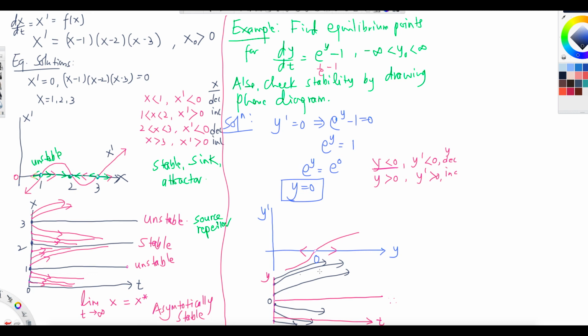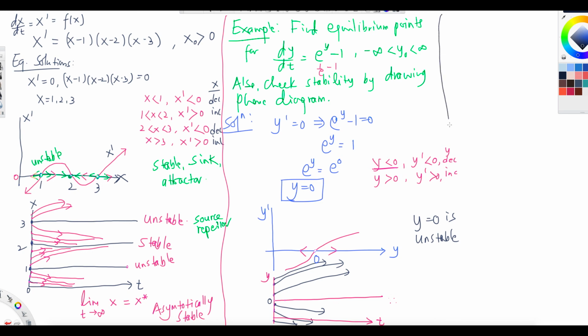So this is what the solution space looks like, or you can say this is what the family of solutions looks like. All right, guys. So what can we say about this? y equals to 0 is unstable. Okay, guys, that's all for this problem.